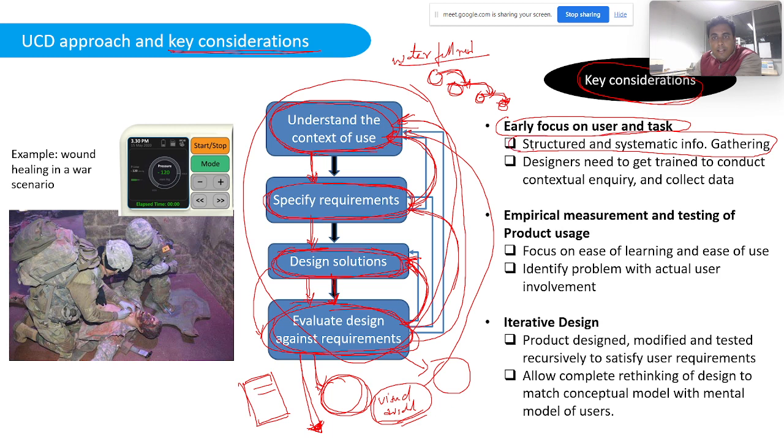It's not like you go to a field, identify certain requirements, and then you come back and start designing. Everything needs to be systematic. For example, if you want to explore a particular scenario, then first you need to understand what the different ways are to get user information, who the stakeholders are, how to communicate with them, what the strategy should be, and what set of questions you will be asking.